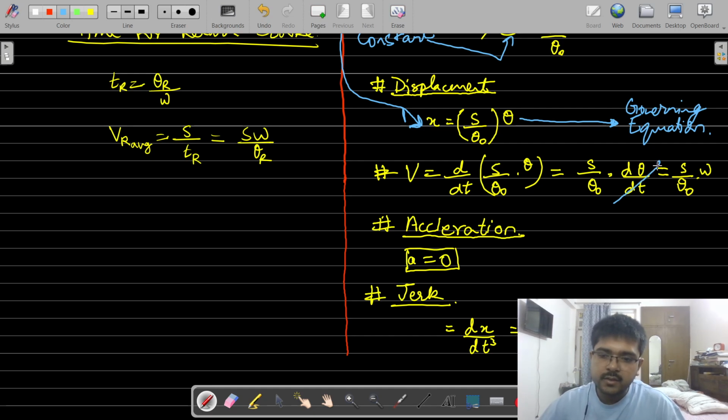We know that this is equal to omega. So we have s omega by theta naught, and acceleration will be 0 because it is uniform velocity.